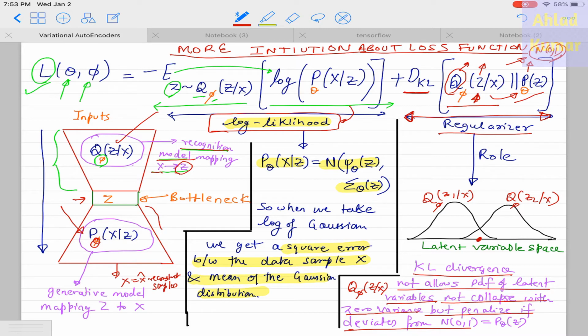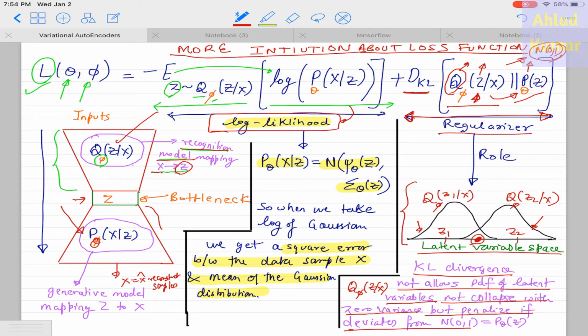One more thing that I wanted to discuss is this graph. This is a latent variable space, and you are plotting q phi of z1 given x and q phi of z2 given x. These are the PDFs around z1 and z2. If you sample any data point over here, it will be a combination of z1 and z2. Whatever sample you take from this point will have a weighted combination of z1 and z2.